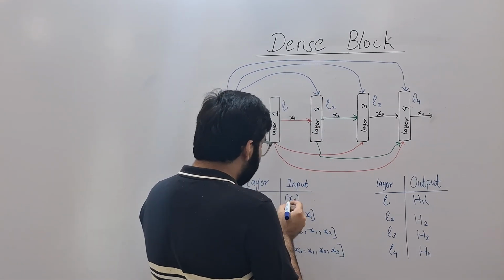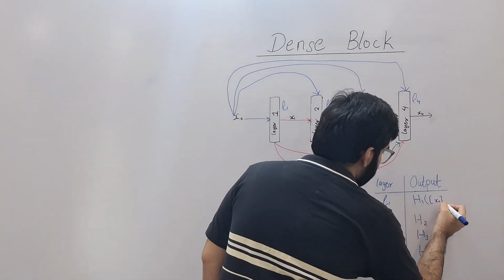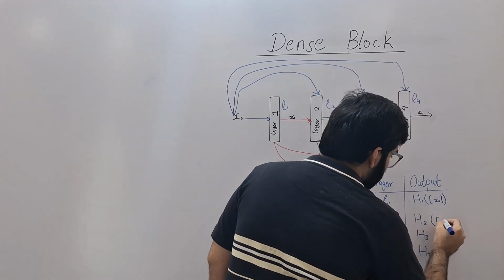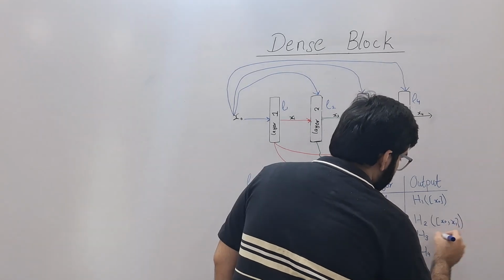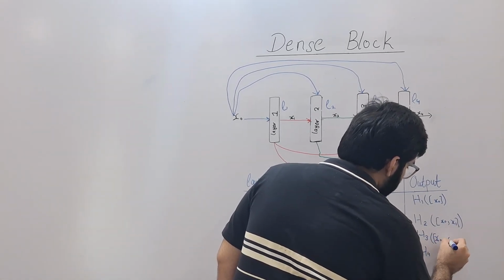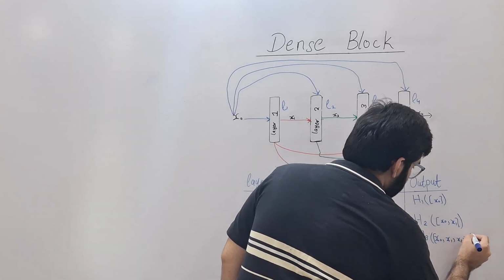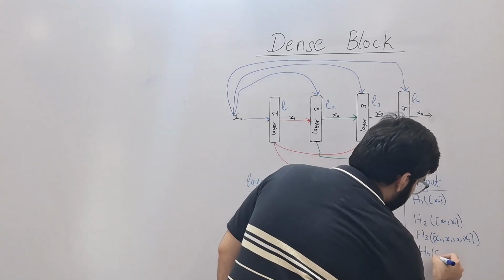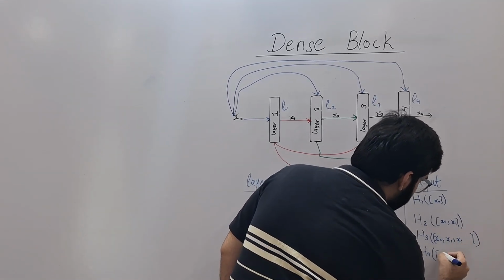The input to layer 1 is the input image. The input to layer 2 is this concatenation. The input to layer 3 is this concatenation, and the input to layer 4 is this concatenation.